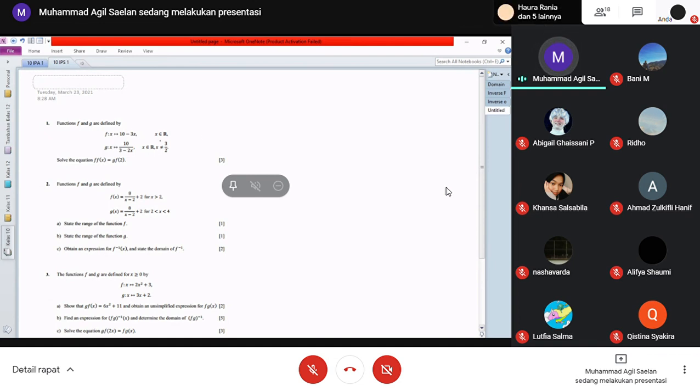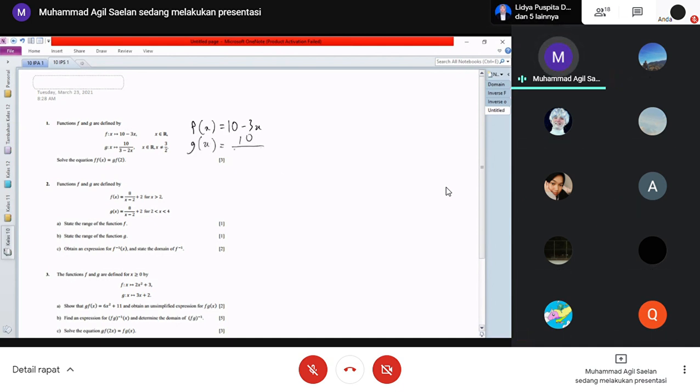Using the notation of function, this is equivalent to f of x equals 10 minus 3x, and then g of x equals 10 divided by 3 minus 2x. And we have the domain for each of the functions. The first one is real numbers.